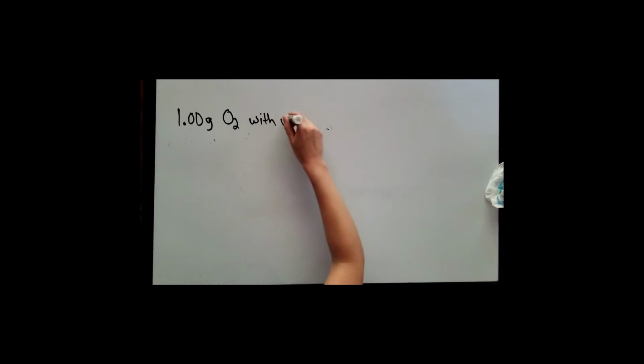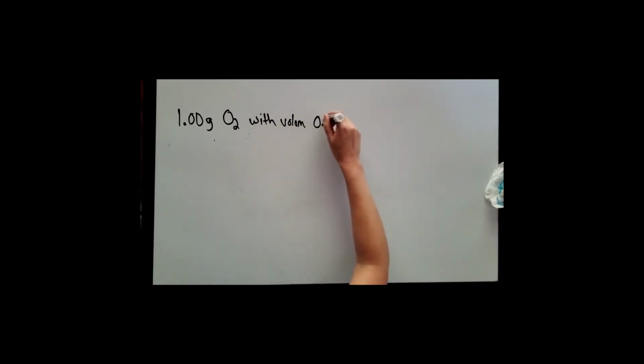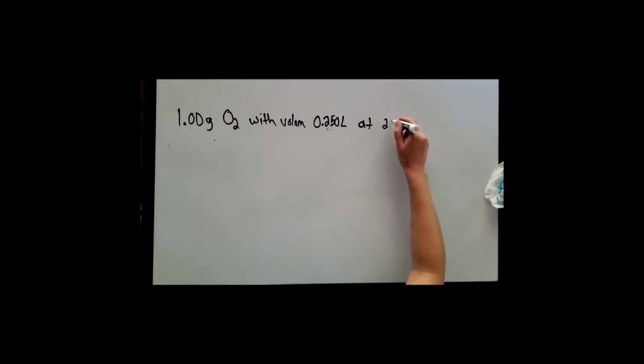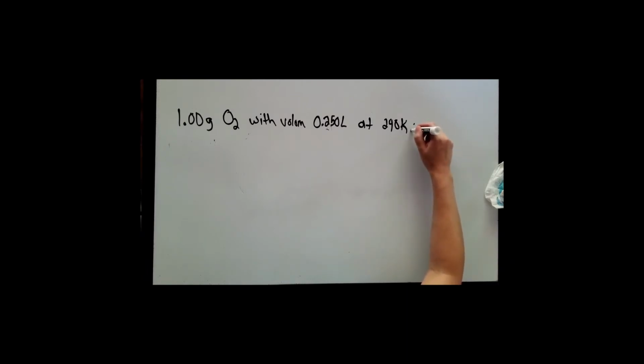So we have, say, 1.00 grams of O2 taking up a space with volume 0.250 liters at, say, 290 Kelvin. Kind of making things up as I go along. You know how well that works for me, right? So let's say, what is the pressure?